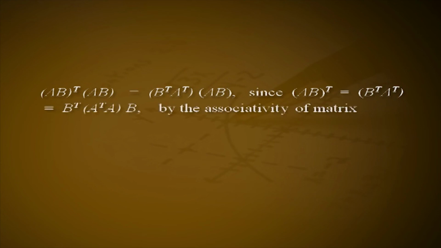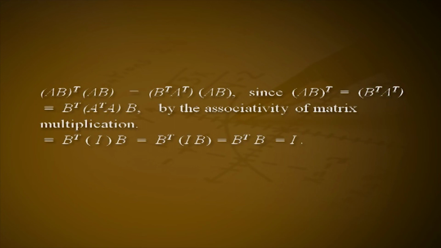Then we have A into A transpose equals I equals A transpose into A, and B into B transpose equals I equals B transpose into B. Hence, (AB) transpose into AB is equal to B transpose into A transpose into AB, since (AB) transpose is equal to B transpose into A transpose, which is equal to B transpose into (A transpose into A) into B by the associativity of matrix multiplication, equals B transpose into I into B equals B transpose into B equals I. Similarly, AB into (AB) transpose equals I. Hence, (AB) transpose into AB equals I equals AB into (AB) transpose, and so AB is orthogonal. Therefore, the product of any two orthogonal matrices is orthogonal.